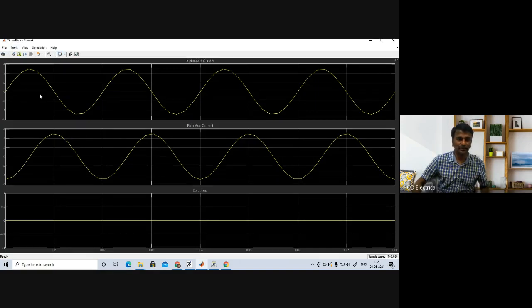See, we are now getting sine waves. I have given the D value as 5. That is why we are getting alpha current of 5, and beta current of 5 shifted by 90 degrees.